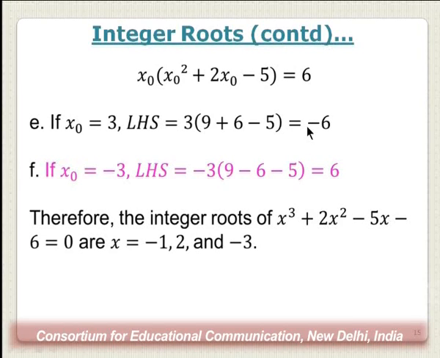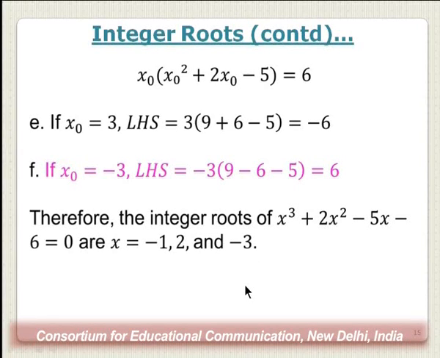That gives us on the left hand side, you can check on your own, minus 6. And finally, if we substitute x naught equal to minus 3, our left hand side becomes minus 3 times (x naught squared, which is 9, plus 2x naught, which is minus 6, and then minus 5). So in the brackets we have 9 minus 6, which is 3, 3 minus 5 is minus 2, and minus 2 times minus 3 outside the brackets is nothing but 6.